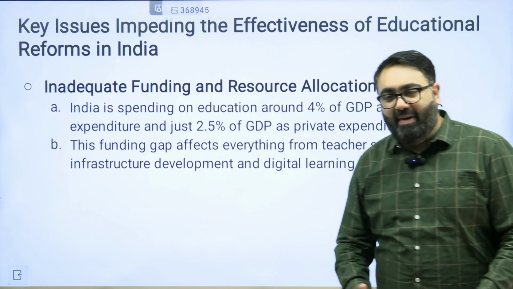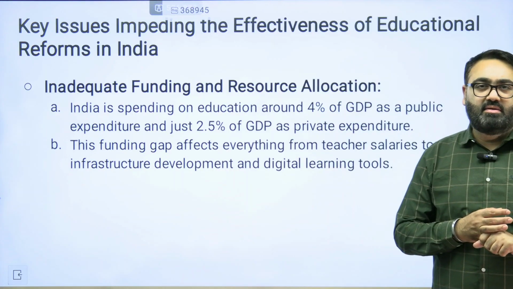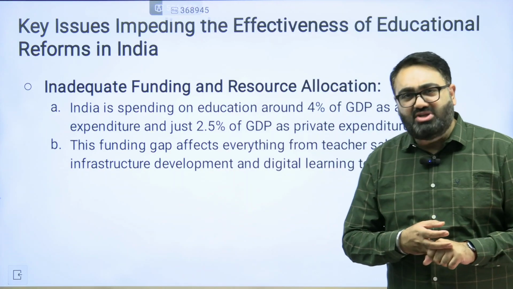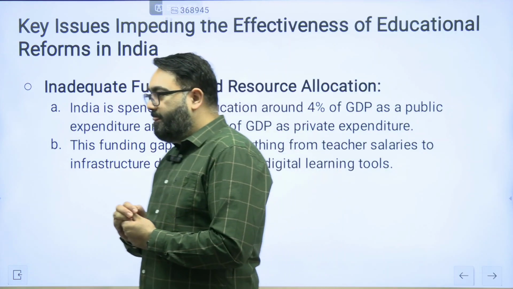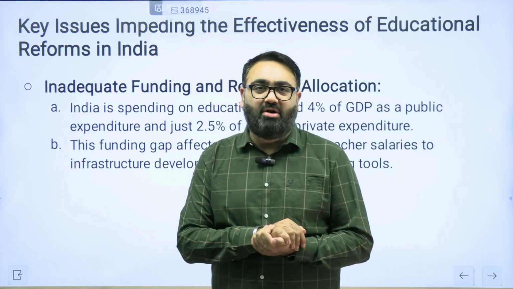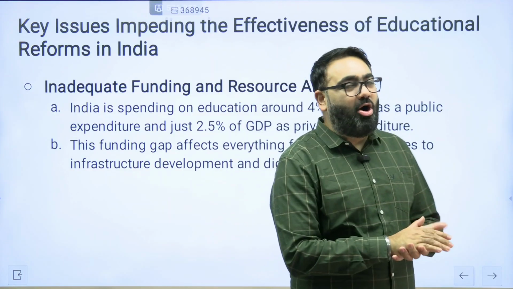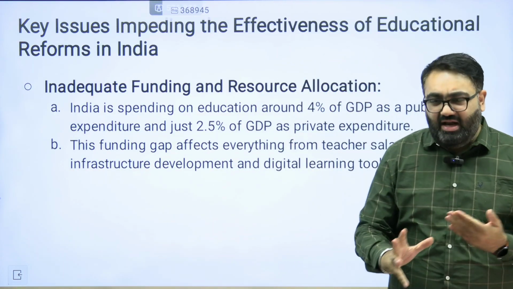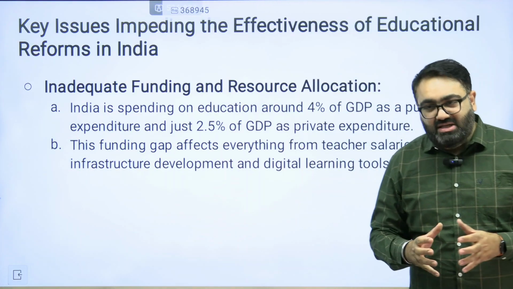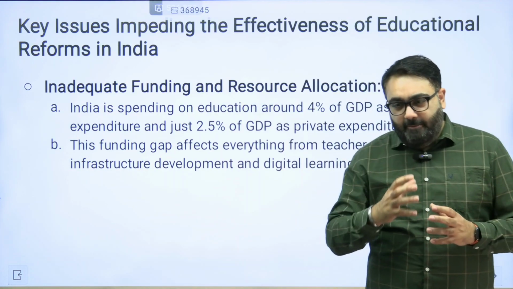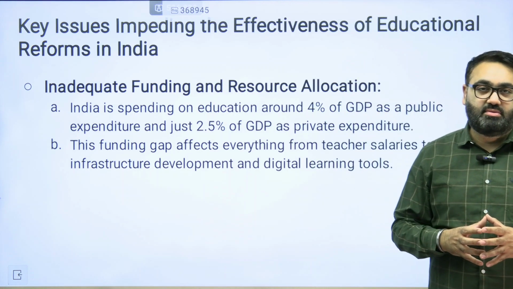All that again binds down to the fact that we have insufficient funding. We have much lesser resources allocated to education than we should, because where we stand right now, from here to take the leap and be in competition with countries such as China, US, Japan, Germany, you can't imagine that unless you empower the people who are going to school right now to learn or to teach.